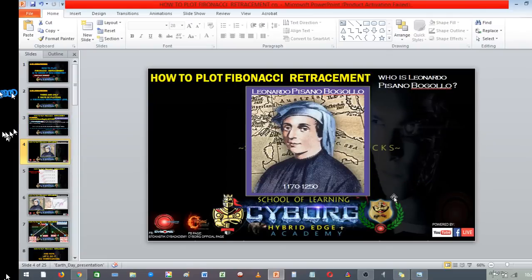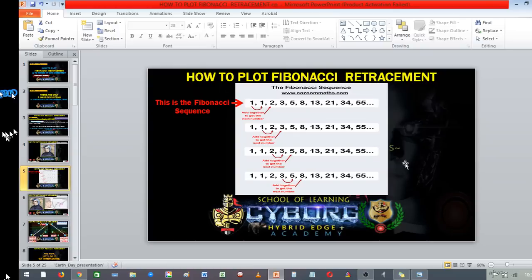And this is the picture of our great Leonardo Pisano Bogoglio, to whom the Fibonacci retracement in the stock market was credited. So the Fibonacci sequence is the addition of two numbers.